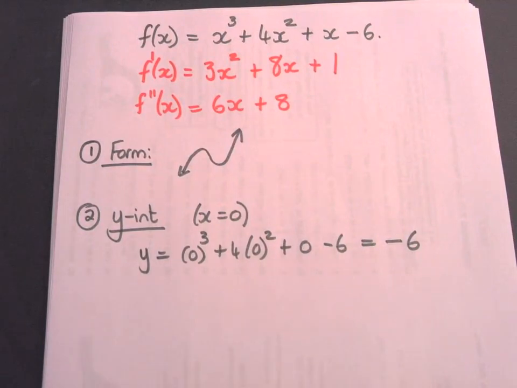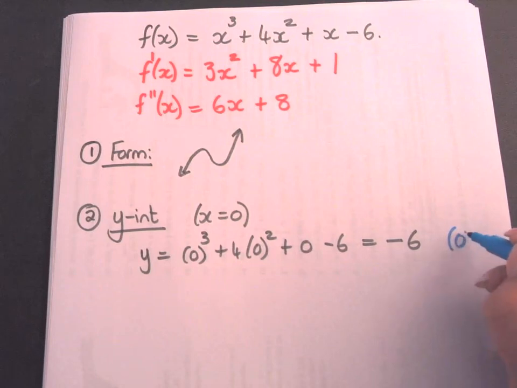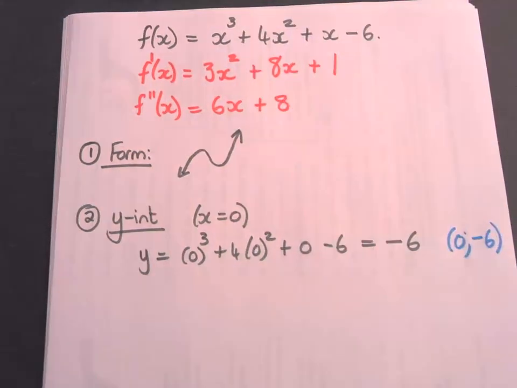Now a good thing is always to write your coordinates after you have worked out something, because you use your coordinates to plot and then draw your graph. The first coordinate will be (0; negative 6).